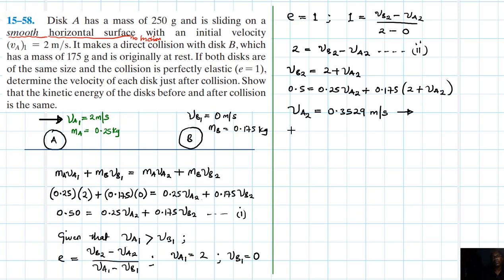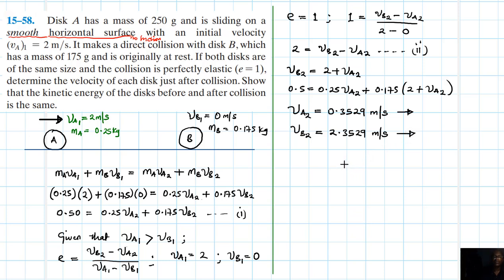Right, therefore our VB2 is just going to be equal to that one plus a 2, so this just gives us a 2.3529, and it is also going in this direction.